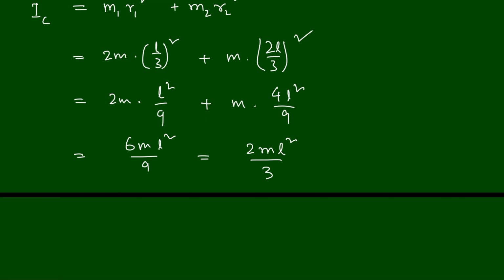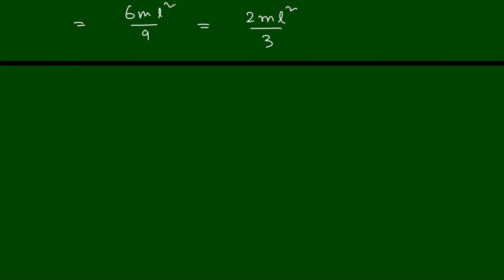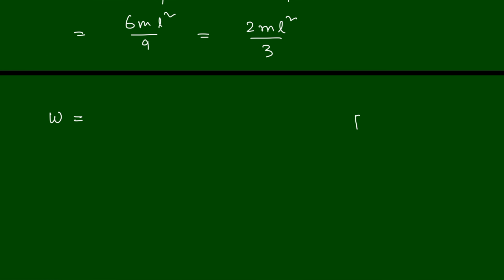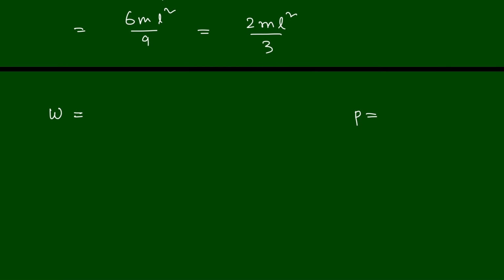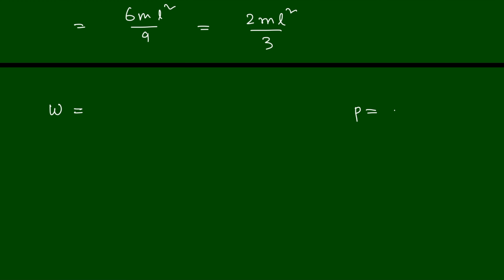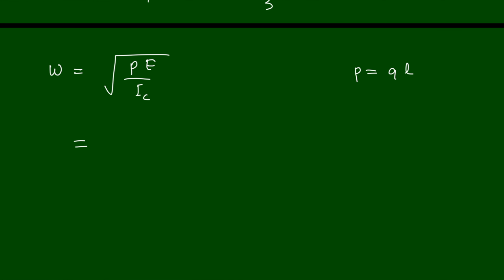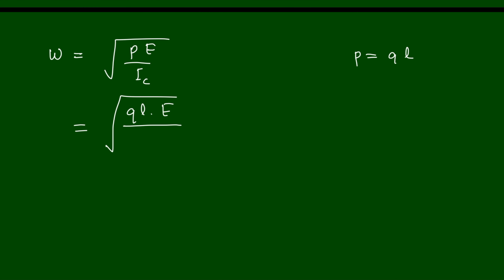Now we can calculate the angular frequency. Omega is equal to square root of PE by I, where I is Ic, and again the dipole moment is equal to length into electric charge, so P is q into L. Omega is the square root of q L into electric field divided by 2 by 3 m L square.